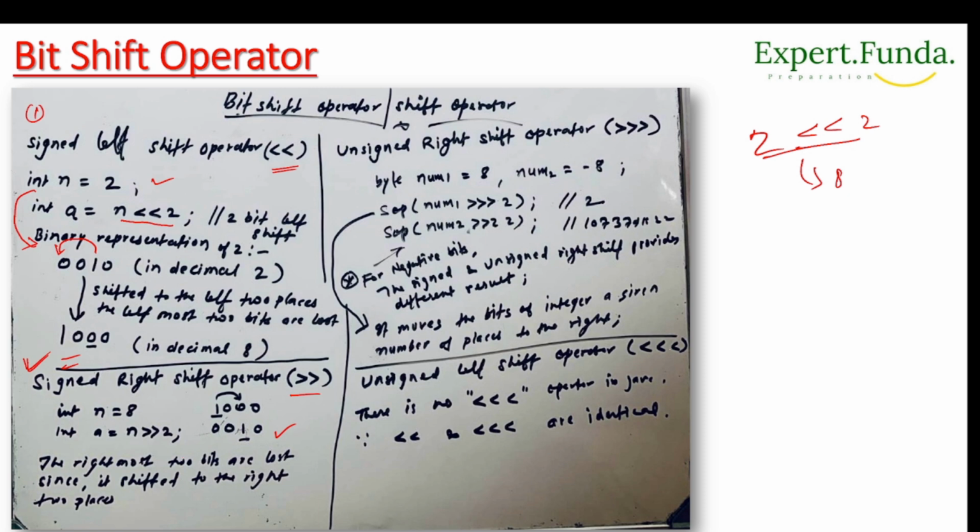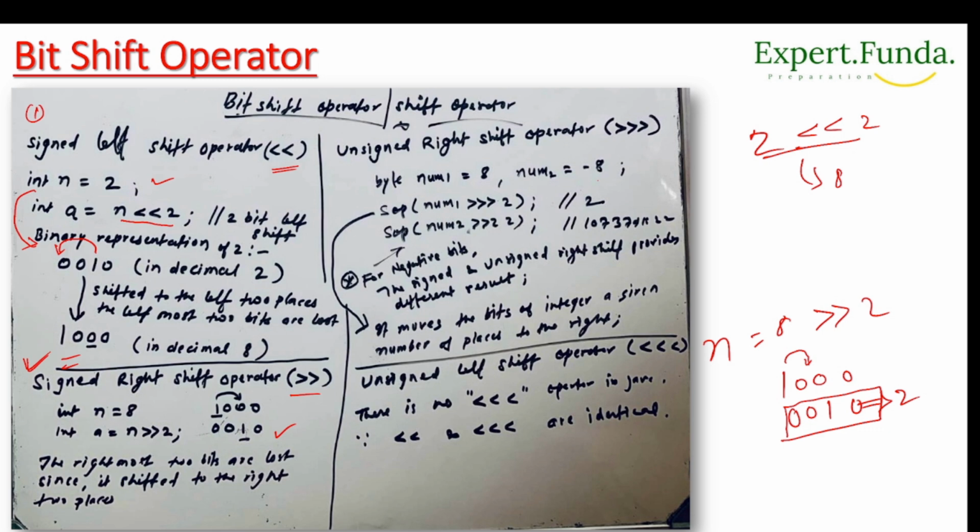So if n equal to 8 and we want a shift of 2, it means we lose 2 bits. In this case, these two will be 0, this will become 1, and this will become 0. So we'll get 2 here, which in decimal is 2.